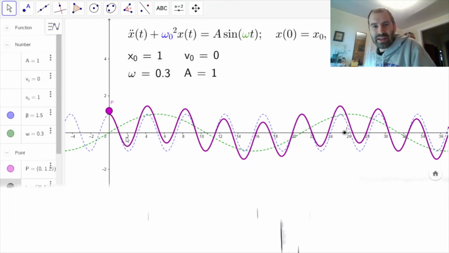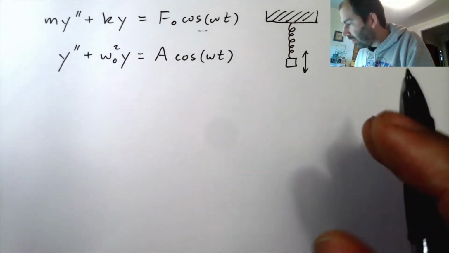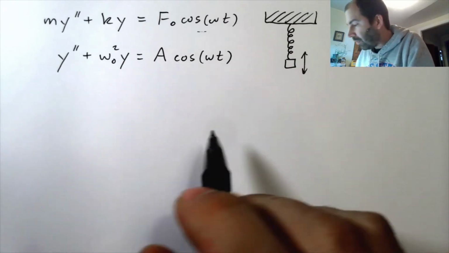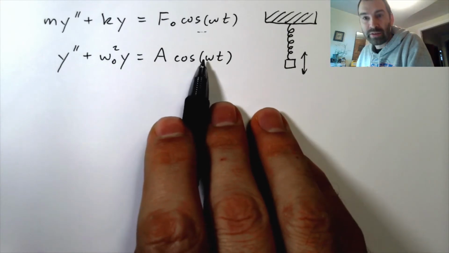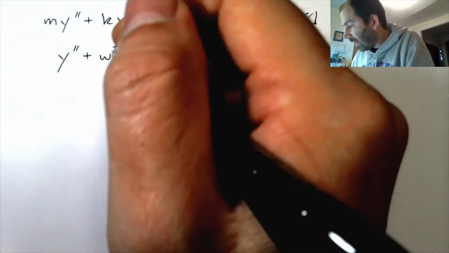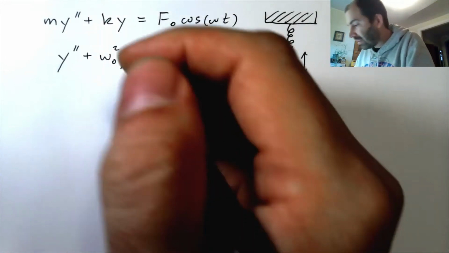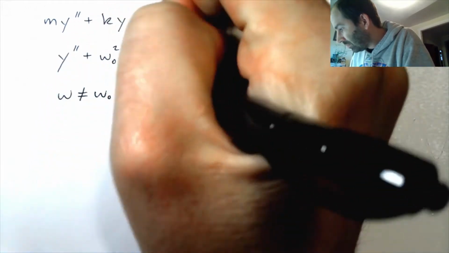Now, there are two situations that could happen, and that has to do with the relationship between omega and omega naught. All right. If omega is not equal to omega naught, then we're seeing basically what we saw in the picture.